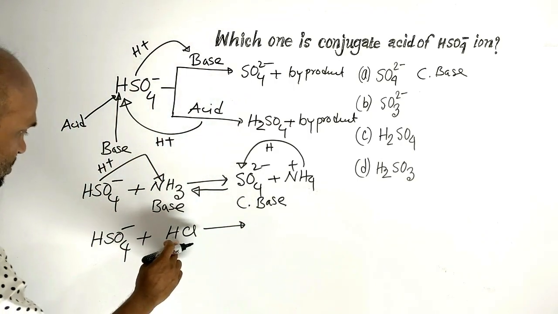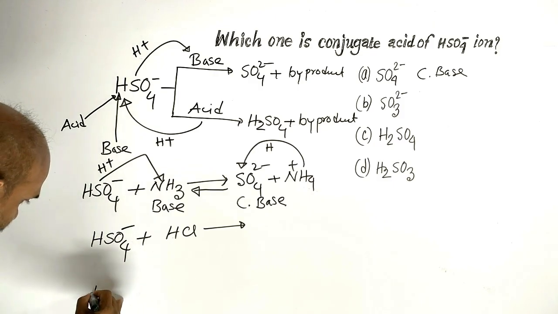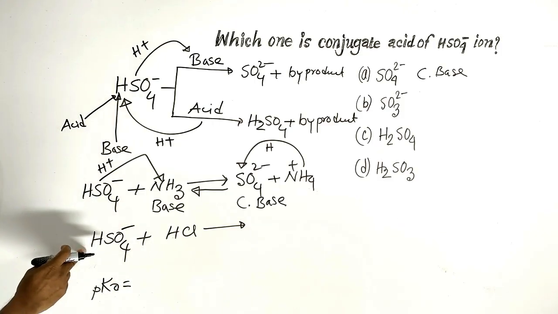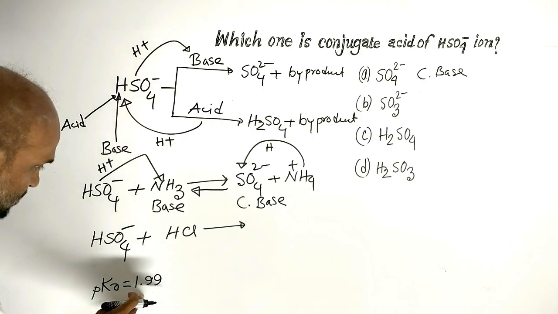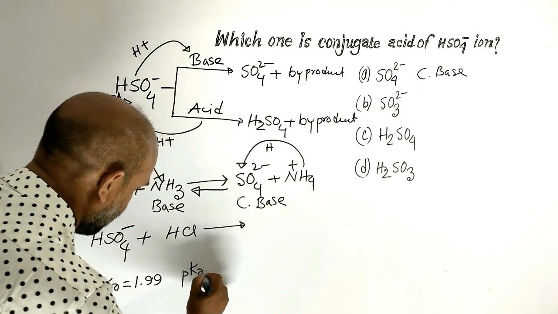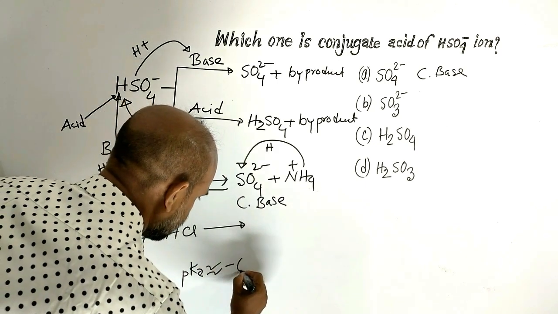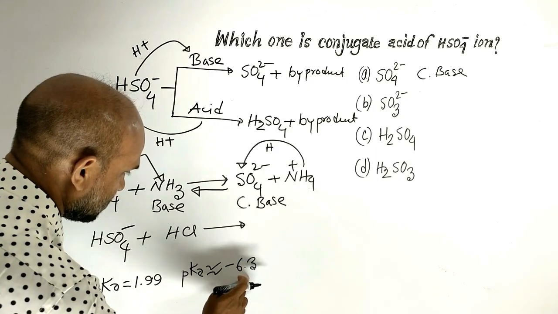Hydrochloric acid is stronger than the bisulfate ion. It is obtained from the pKa value. The pKa for bisulfate is approximately 1.99, and the pKa for hydrochloric acid is approximately minus 6.3.